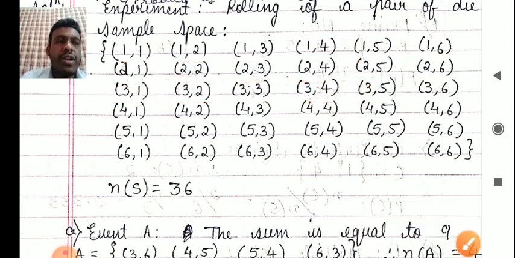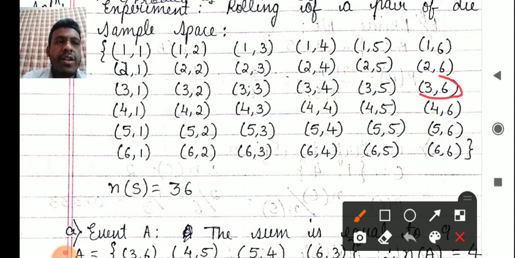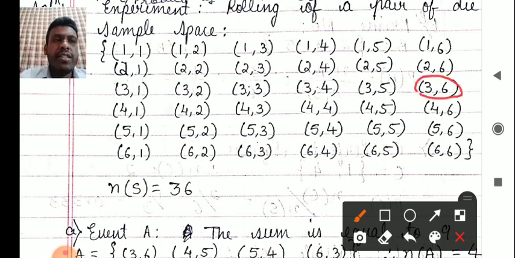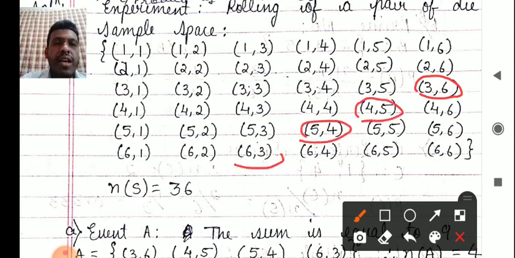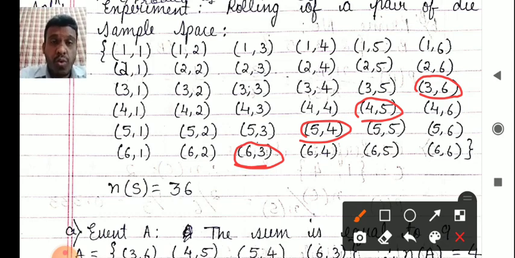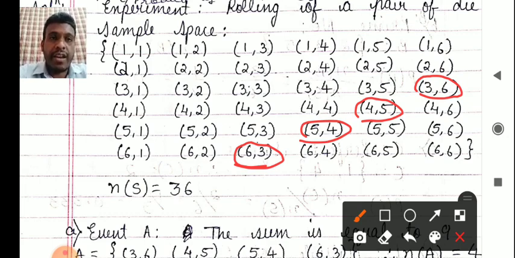So here 6 plus 3, that is 3 plus 6 is 9. Then again if you see, I am getting this, this and this. Apart from this, there is nowhere where the total of the numbers on the dice is 9. So only 4 items are there where the sum is equal to 9.